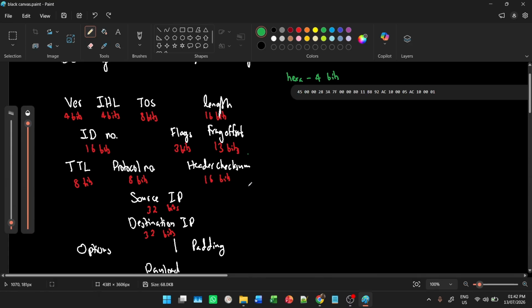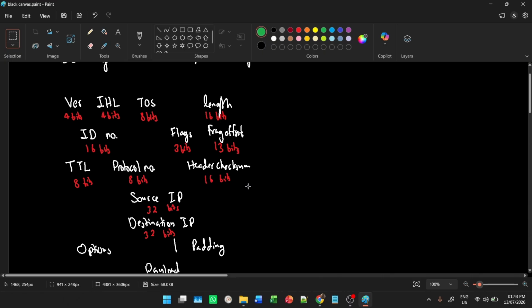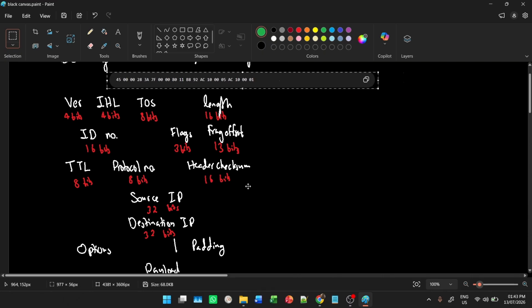Since all of these are bytes, each of these is 1 byte. 1 byte has 8 bits, meaning 2 hexa digits, and so on. I am going to delete this and paste another version.